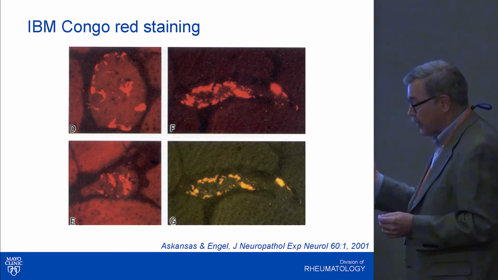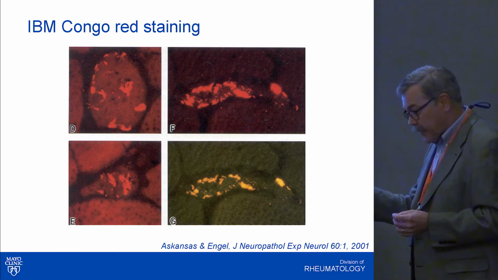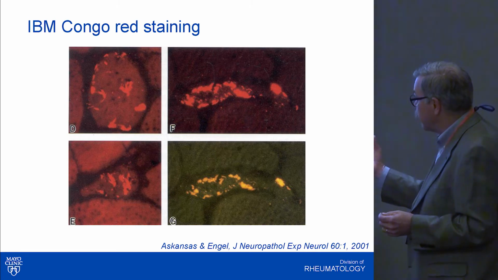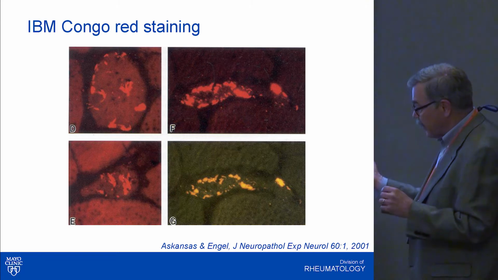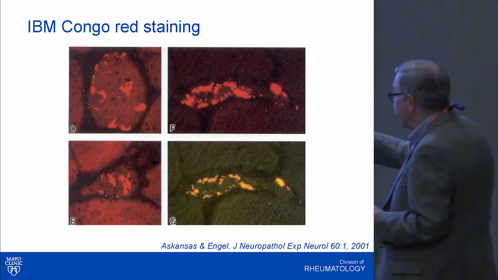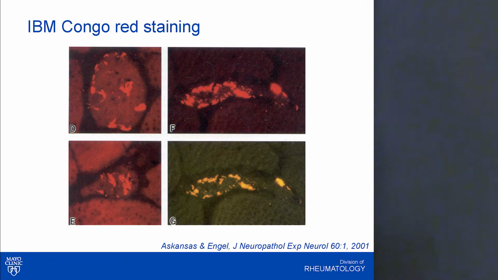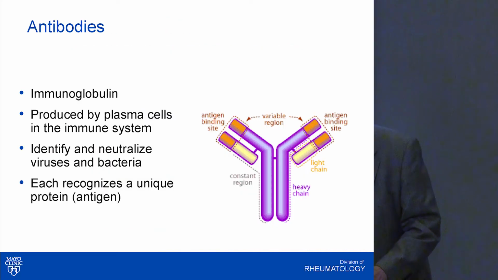This is staining with a particular chemical stain that under birefringent light, the colors change from red up there to this yellowish down here. And this is one of the features showing amyloid in muscle biopsies of IBM. So there are some features on the muscle biopsy that are expected to make a diagnosis of IBM.